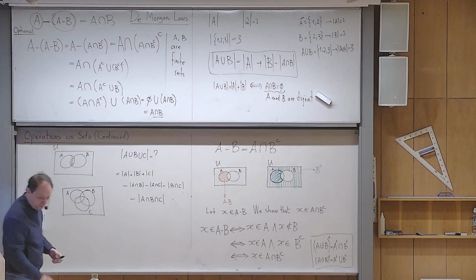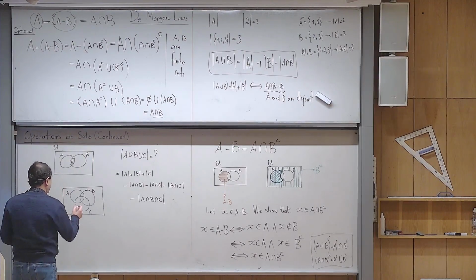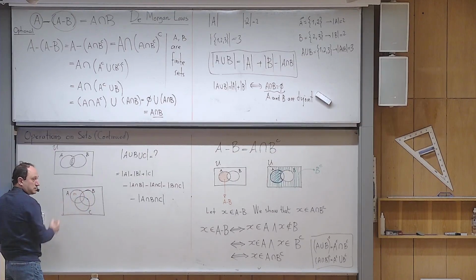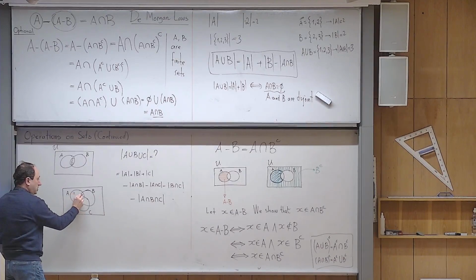So for example, let me give numbers. So here is M. Assume that M is the number of elements in this part. Let me write X, Y, and Z. So X here, Y here, Z here, T here, U here, for example, M here, and N here.